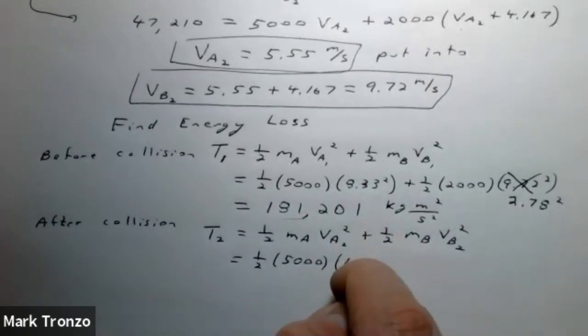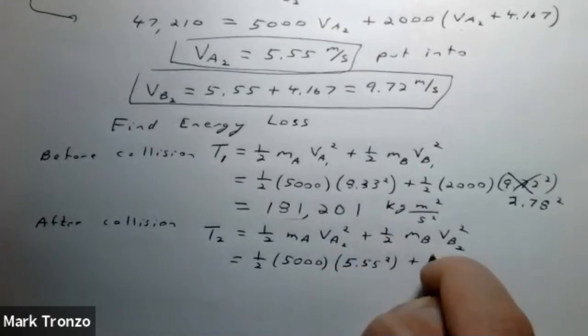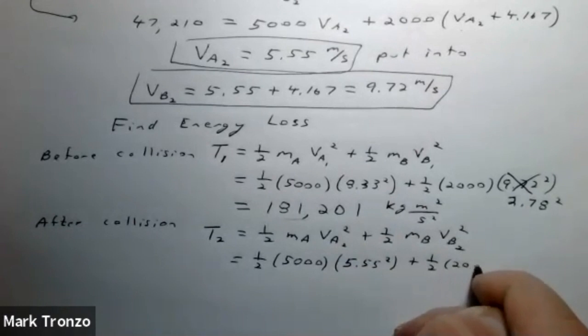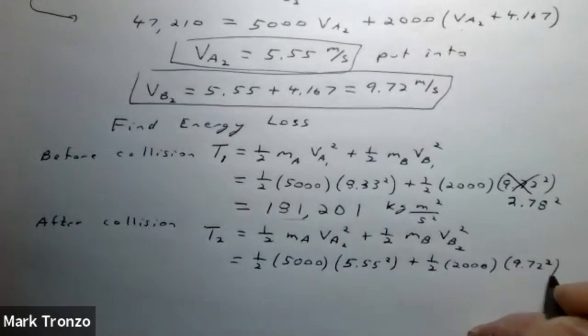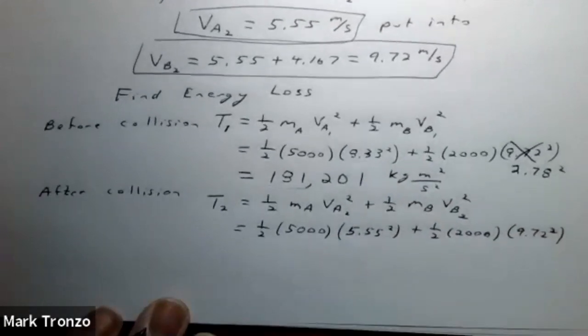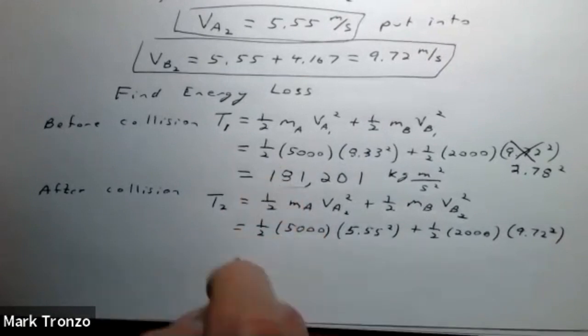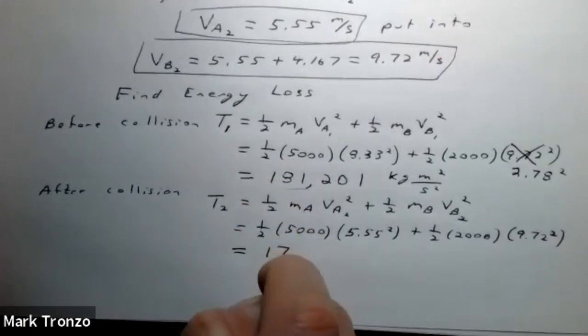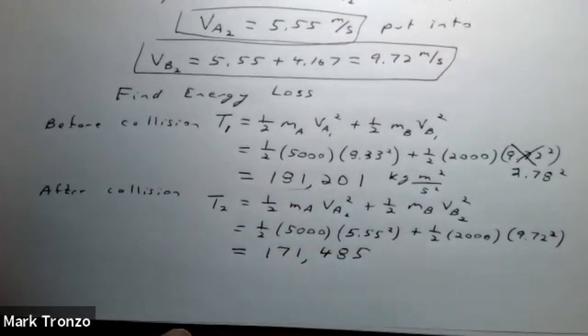So then after impact, 5.55 squared plus 1/2 of 2,000 times 9.72 squared, and this comes out to be around 171,485 with the same units.